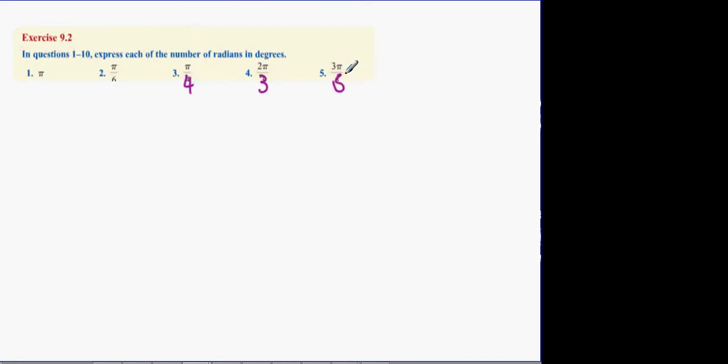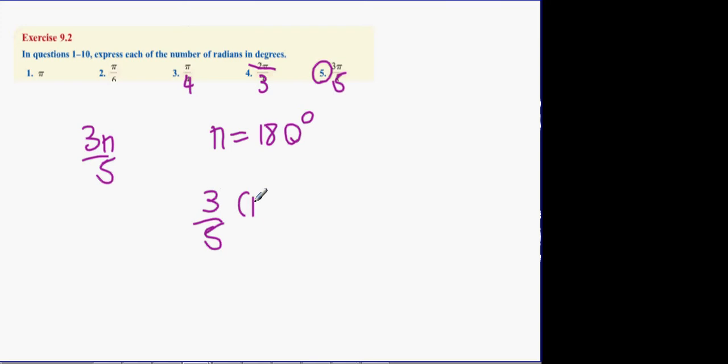The only thing I need to have learned off by heart to do number 5 is that pi radians equals 180 degrees. So all I have to do is take 3 over 5 and multiply by 180. What's 3 over 5 multiplied by 180, anybody? 108. So that means it's 108 degrees.